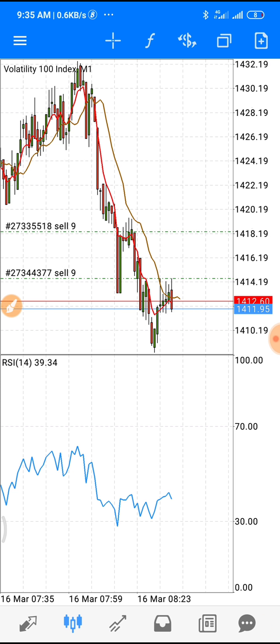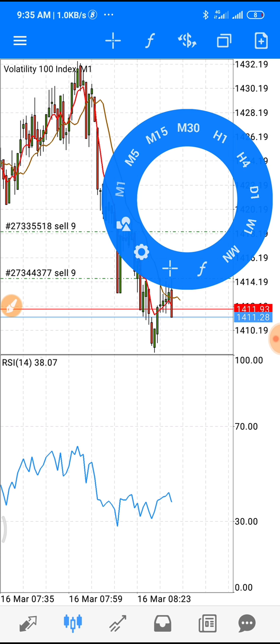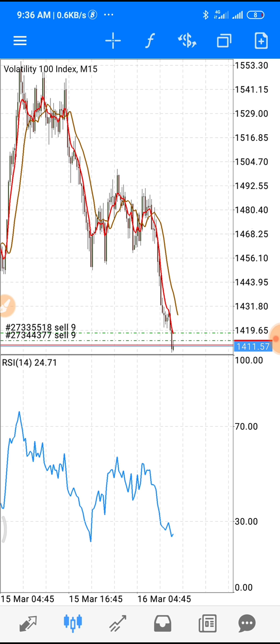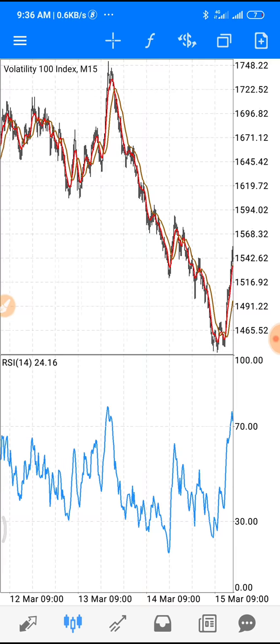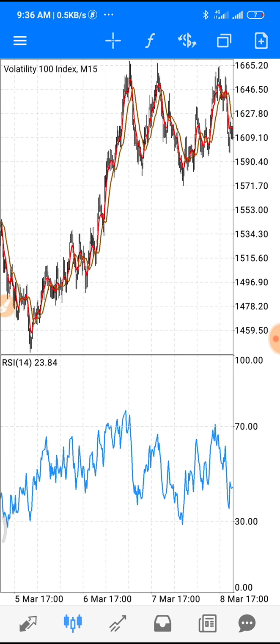So number one, the moving average: check the 15 minutes time frame. 15 minutes, not any other time frame. If you want to use this strategy, don't check any other time frame. And another thing to do, if you want to join that kind of trend, is to check that it is not on a support level on that 15 minutes time frame.